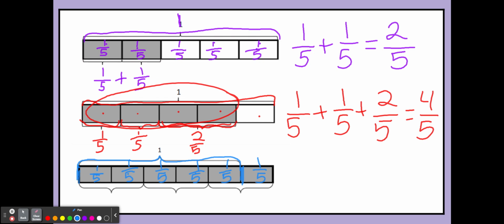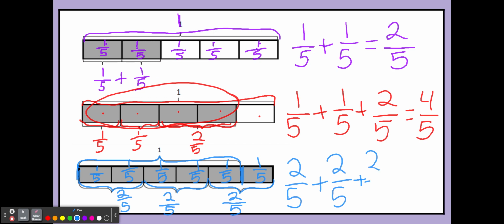So this part in this bracket is 2/5. Then this part, 2/5. And then this part is 2/5. Now our addition sentence would be 2/5 plus 2/5 plus 2/5 equals, so 2, 4, 6, 6/5.